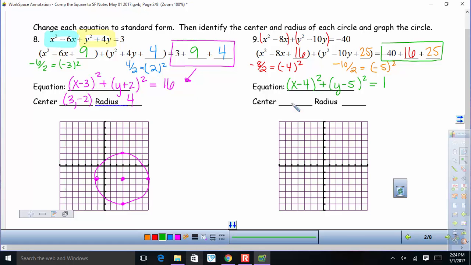Very good. Now, from this equation, what would my center be? 4, 5. And what would the radius be? What's the square root of 1? 1. Okay, so we go to 4, 5, so go right 4, up 5. And then from there we go out in each direction.